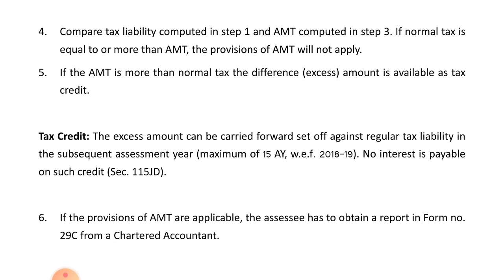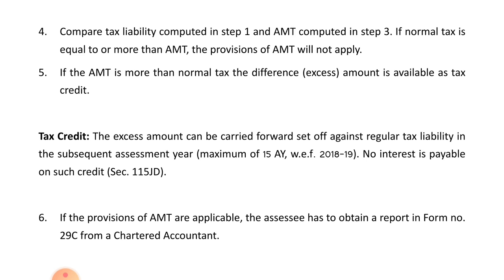See, tax credit. The excess amount can be carried forward and set off against regular tax liability in the subsequent assessment year, that is maximum of 15 assessment years. They can use this tax credit for the maximum period of 15 years, that is with effect from 2018-19, and no interest is payable on such credit.